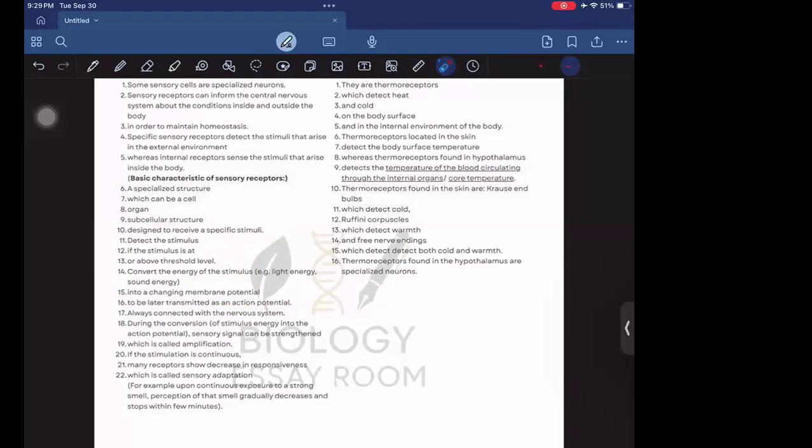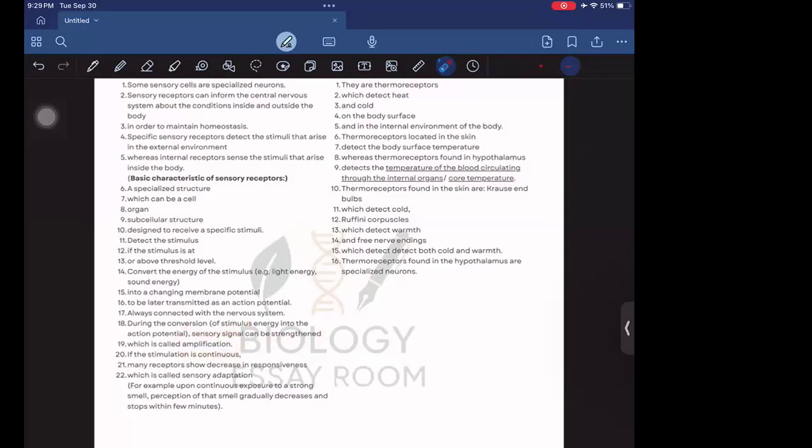Then what was the fourth one? The fourth feature was that it is always connected to the nervous system. That was the fourth basic characteristic we had learned. Then what's the fifth one we learned? It was about amplification. During the conversion of stimulus energy into action potential, there is a sensory signal, right? This sensory signal can be strengthened, and this process is known as amplification.